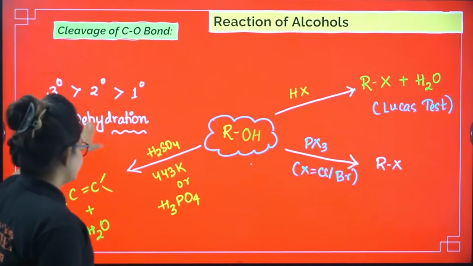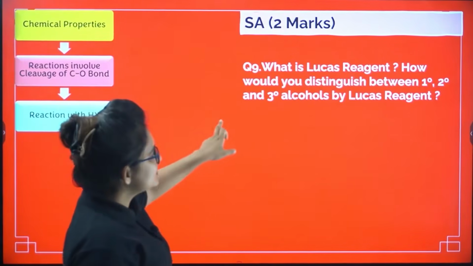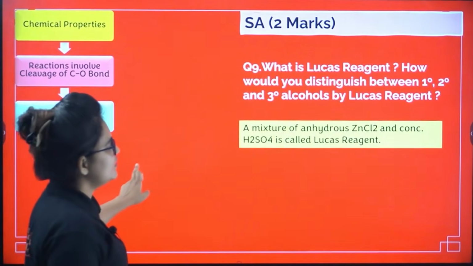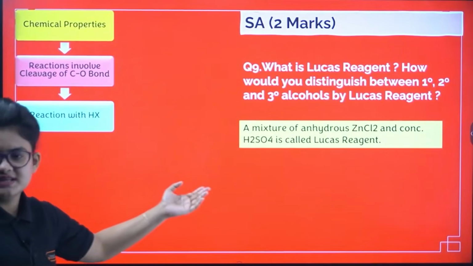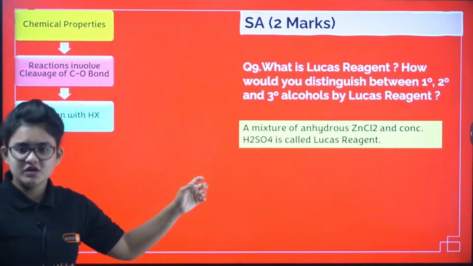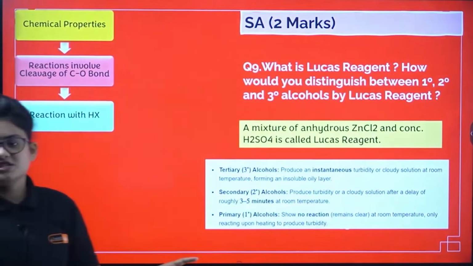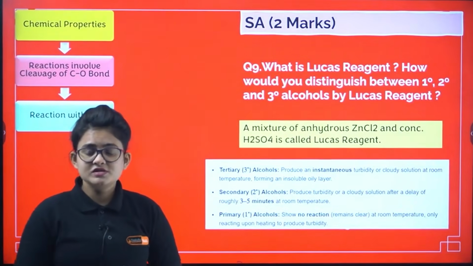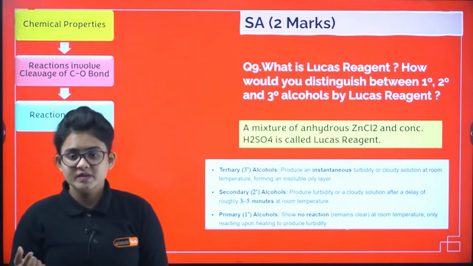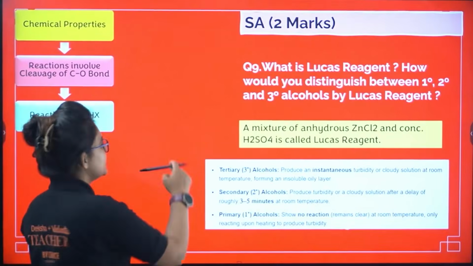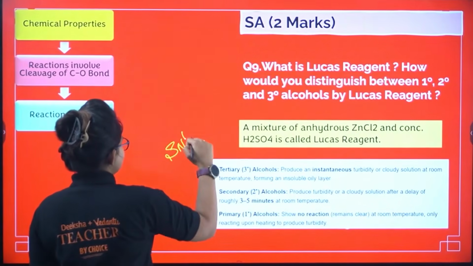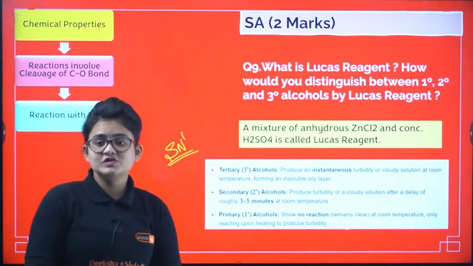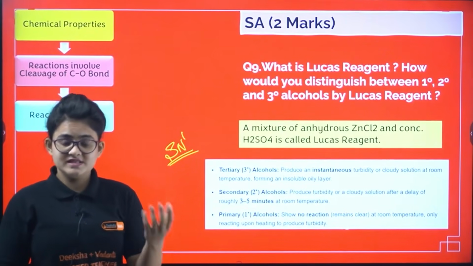What is Lucas reagent? How would you distinguish between 1 degree, 2 degree and 3 degree alcohols by Lucas reagent? It's a mixture of ZnCl2 and concentrated H2SO4. Tertiary alcohols produce instant turbidity, because the reaction proceeds through the SN1 mechanism, and tertiary alcohol forms a stable carbocation.